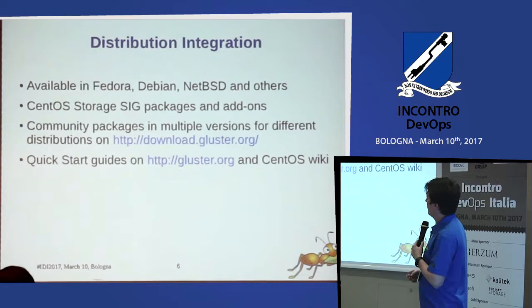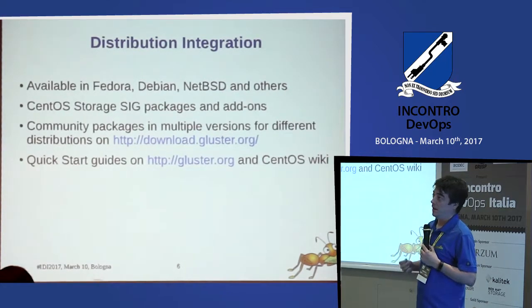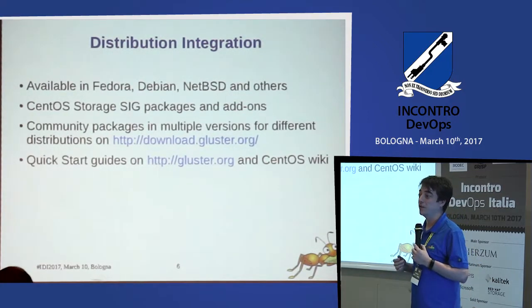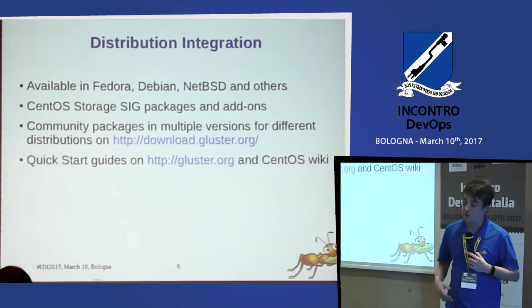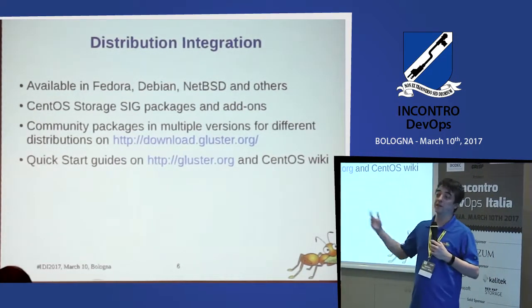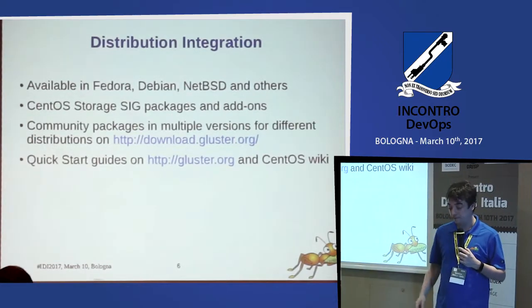So anyone can install Gluster on a CentOS system with 2 or 3 commands, and you have your Gluster processes running, and you can start and create your volumes, which take another, depending on how big your volume is, because you have to format the file system and everything, another couple of 5 commands maybe.